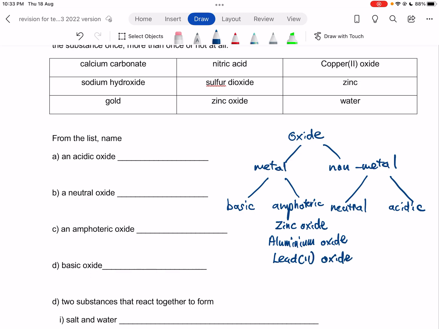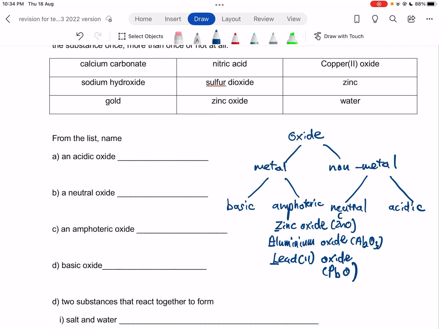So ZAL. If you are using the formula, some people say ZAP, but ZAP is the formula, while ZAL is the name itself. So the rest of the metal oxides are all basic.